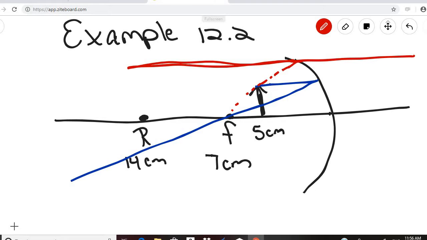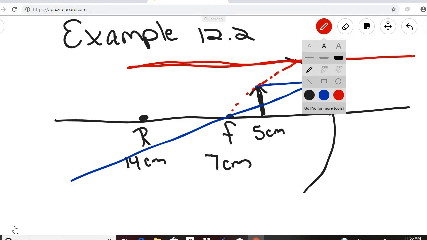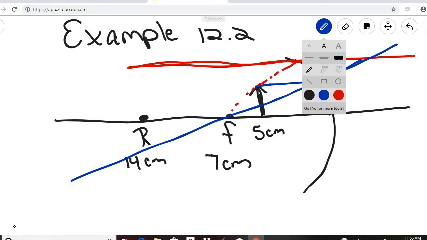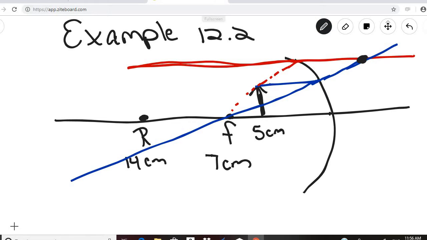If we extrapolate the horizontal line out like that, the horizontal line that went in and reflected out through the focal point, and extrapolate the other line out here, then we see that these two lines intersect at that point there. Again, this is the bottom of our image. So the image that would be seen would be there.